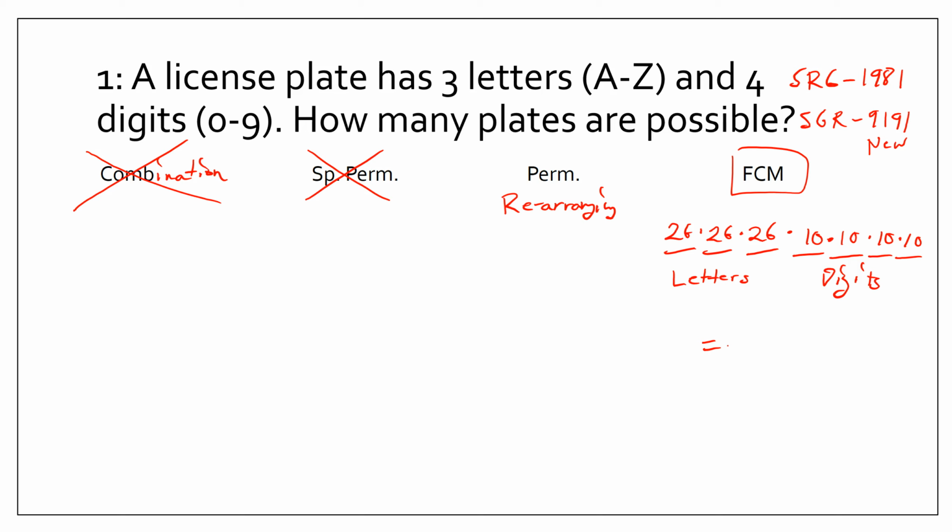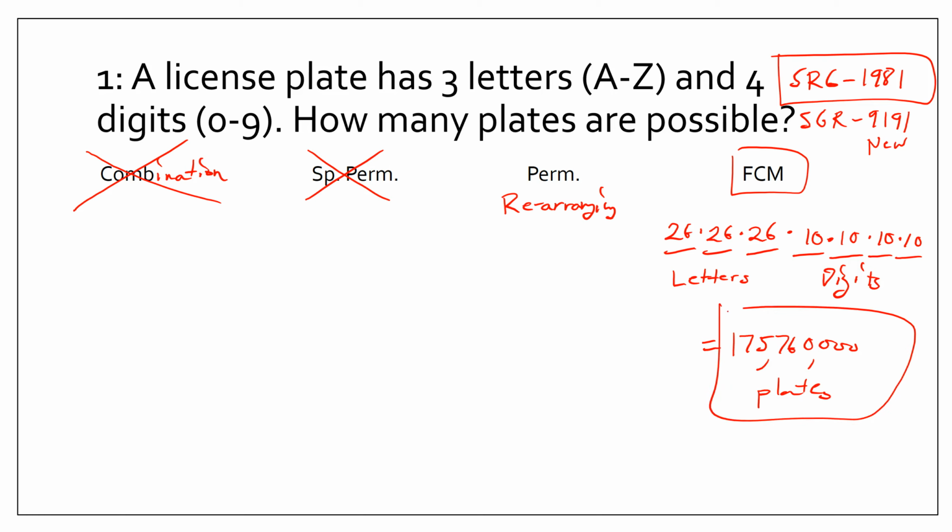If I multiply all of these things together, let me do that real quick, I get 175,760,000. Whew, that's a lot of possible license plates, which is why they use this many letters in my home state of Pennsylvania, because these are all the different license plates you can have. You're never going to get a duplicate here. They can just keep making more and more.